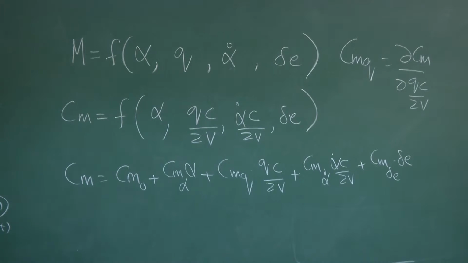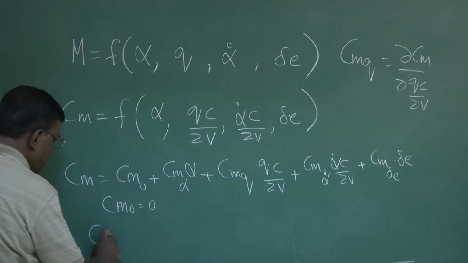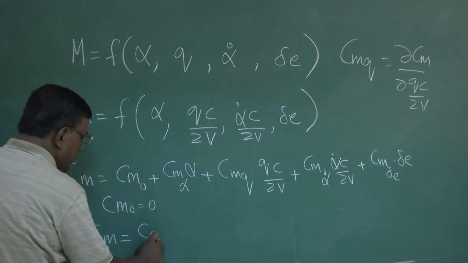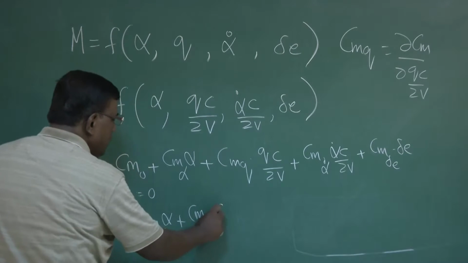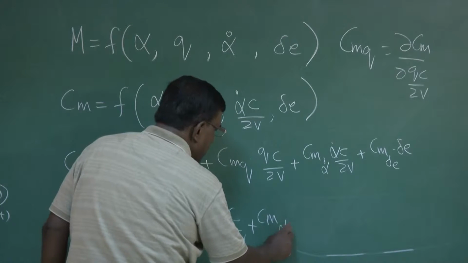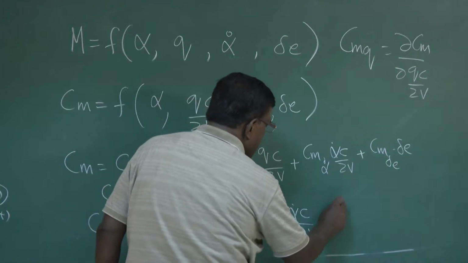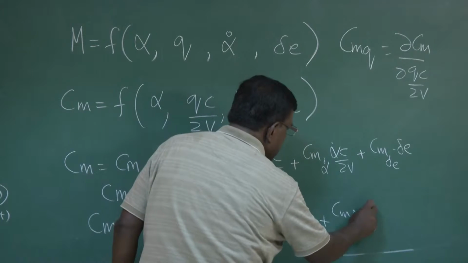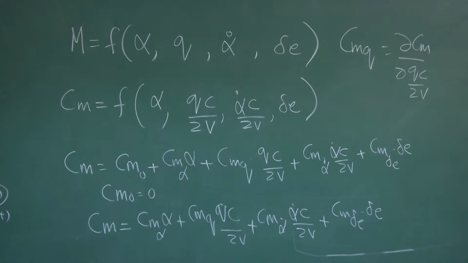Let us take a simplified case where I put Cm not equal to 0, then Cm will be equal to Cm alpha into alpha plus Cmq into Qc by 2v plus Cm alpha dot into alpha dot c by 2v plus Cm delta E into delta E. Once I put Cm not equal to 0, come back here.